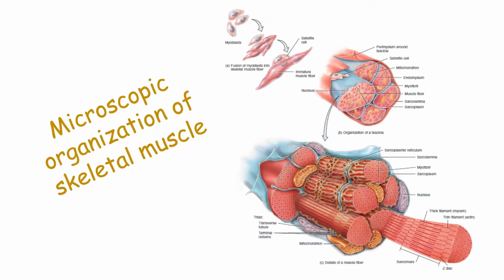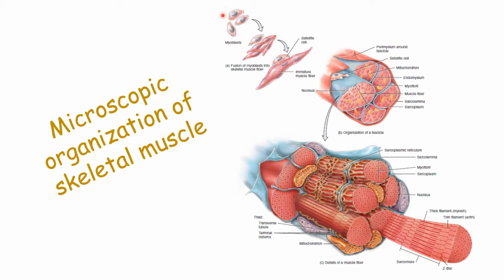Now we will discuss the microscopic organization of skeletal muscle. The most important components of skeletal muscles are the muscle fibers themselves. The diameter of a mature skeletal muscle fiber ranges from nearly 10 to 100 micrometers.